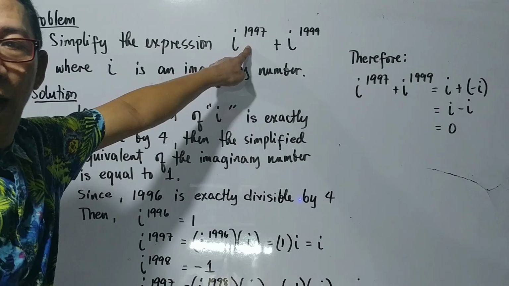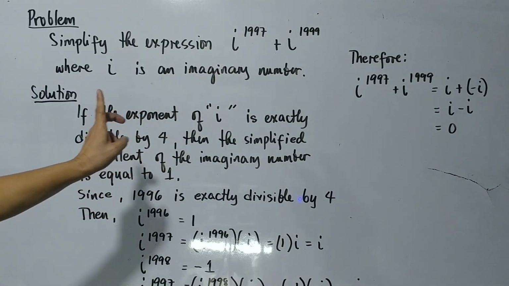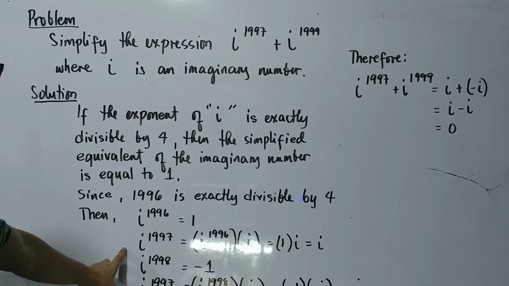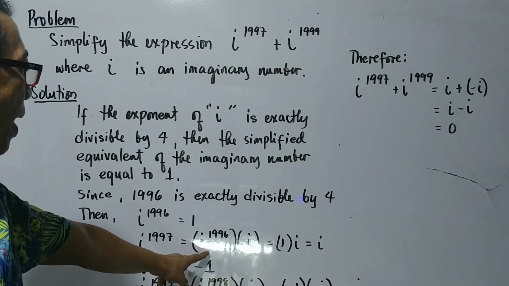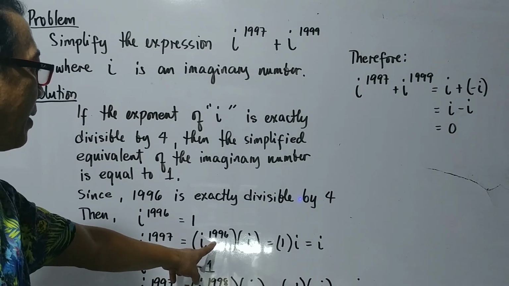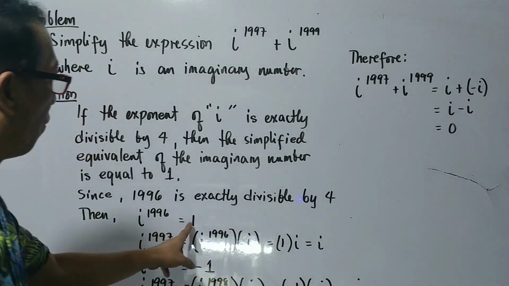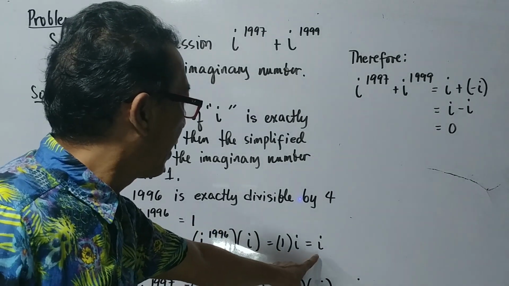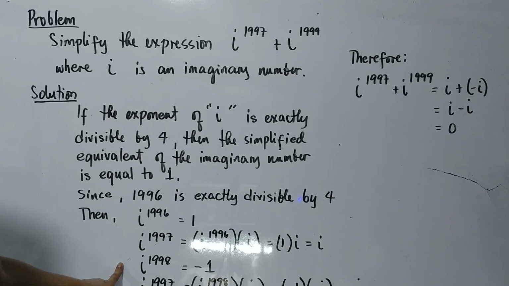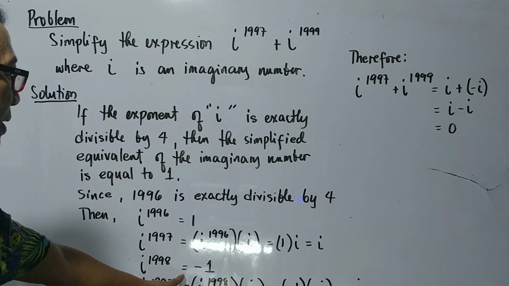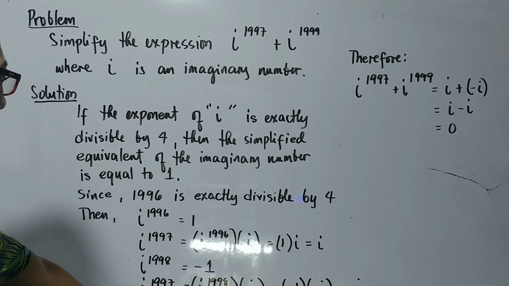Since we have the i raised to 1,997, therefore, we have now i to the 1,996 times i, which is equal to 1 times i, which is equal to i. On the other hand, i to the 1,998 is equal to negative 1.